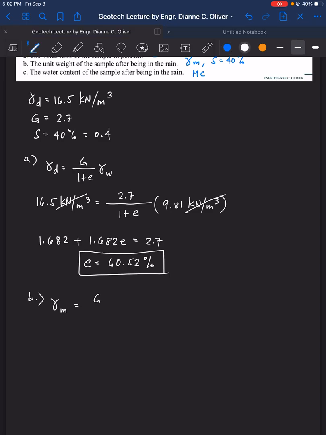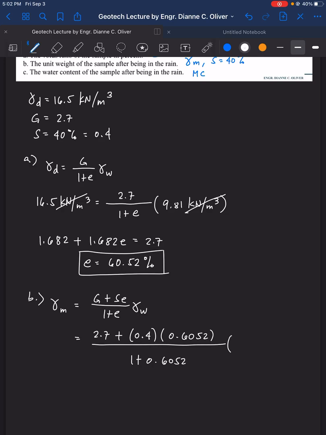So gamma moist is equal to G plus SE over 1 plus E, times gamma water. So gamma moist is equal to G of 2.7 plus S of 0.4 times E of 0.6052, over 1 plus 0.6052, times 9.81 kilonewton per cubic meter.